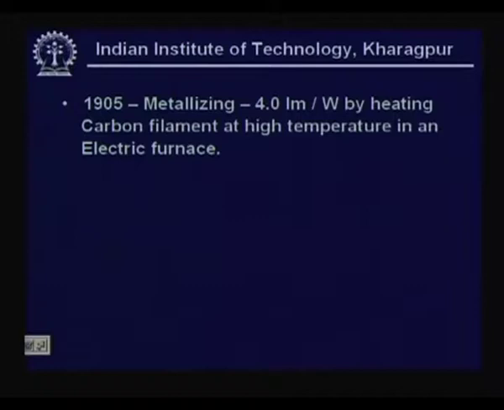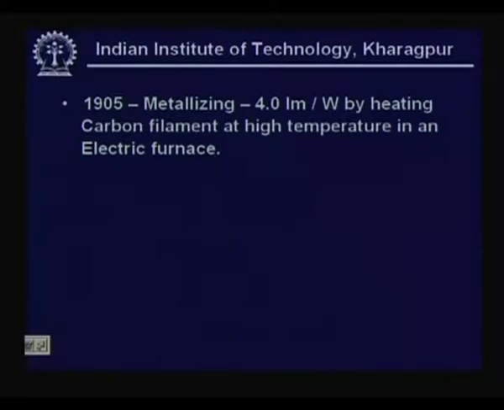So, this led to improvements in the filament. Filament is the heart of the lamp, and the efficacy was to be developed, and that is how there have been improvements. In the year 1905, metallizing was done, and it could be improved from 3.5 lumens per watt to about 4 lumens per watt.